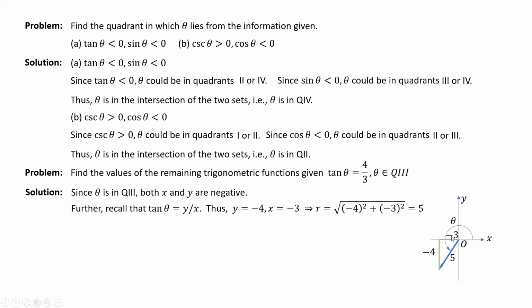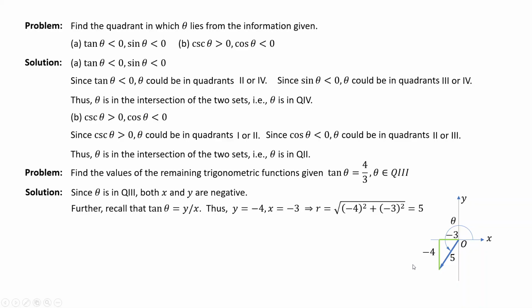You draw the coordinate system, clearly draw the ray that is in the third quadrant, and draw a right triangle like this. The x value is negative 3, so this horizontal leg is negative 3 and the vertical leg is negative 4. That's the y, and R is 5.